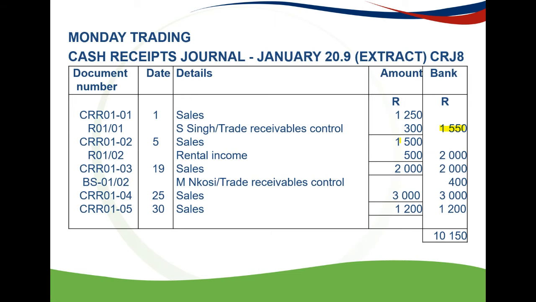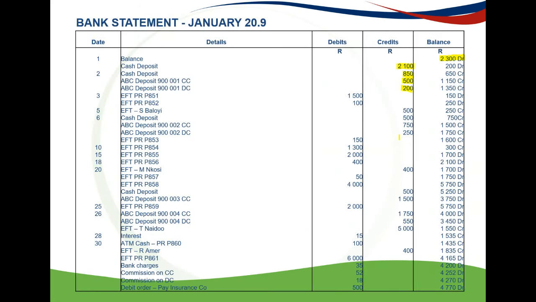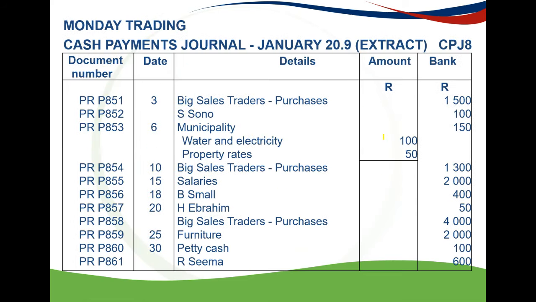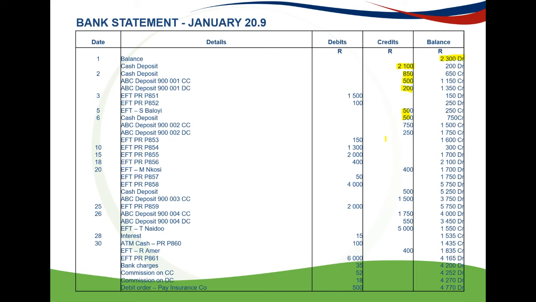Then on the fifth, we have the 1,500, which is basically our 500, 500, plus then the... Okay, let me just see.